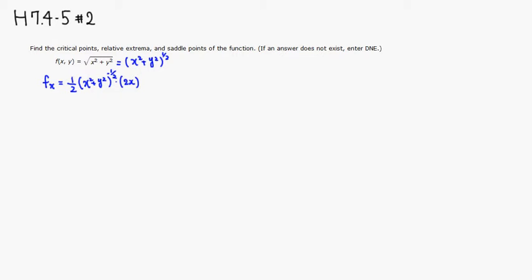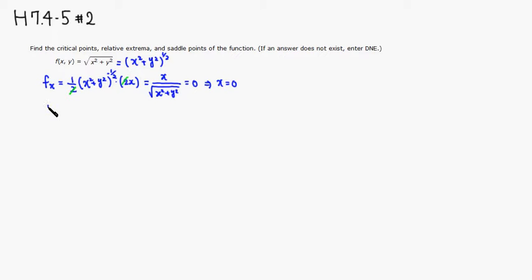If you clean that up, the 2 on the bottom and 2 on top cancel out, so you get x on top, then a square root on the bottom of x squared plus y squared. Set that equal to 0. The only way we can make that equal to 0 is the numerator equal to 0.